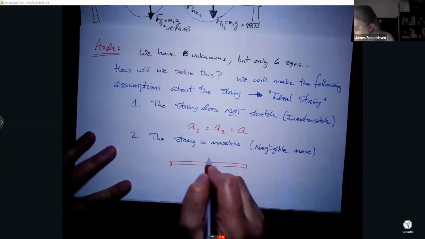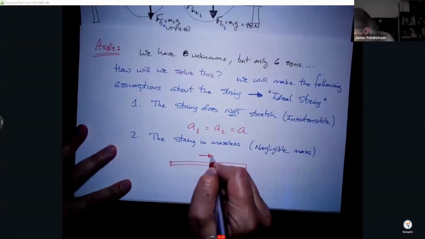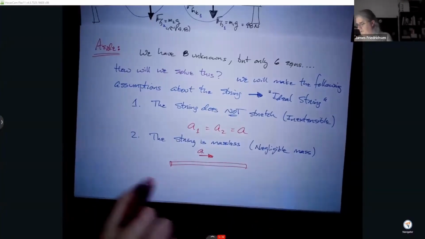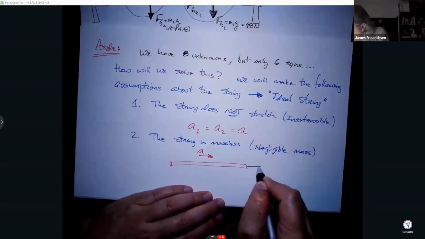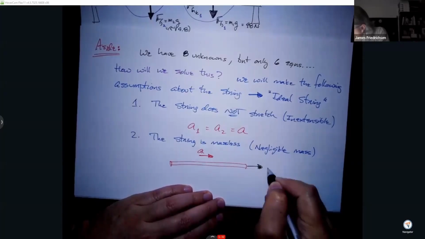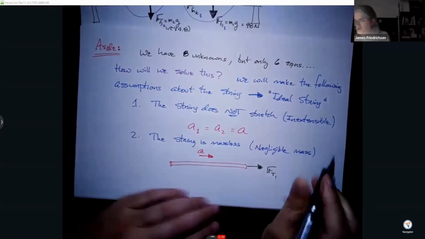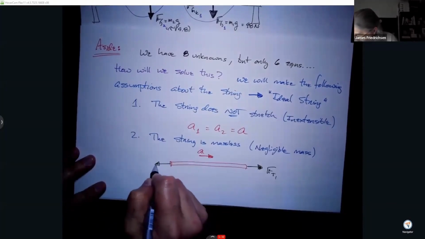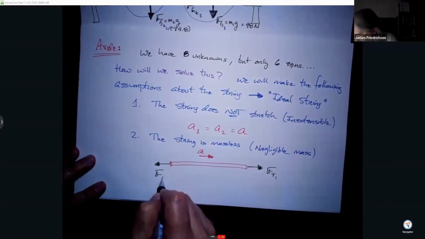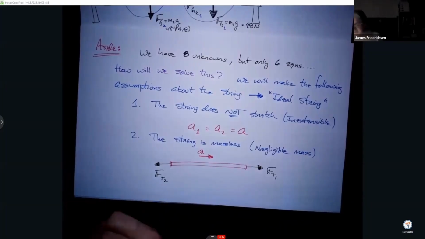And what we have is that the string's going to accelerate with the boxes. And if we look at the forces on the string, then this will be our force of tension 1 to the right, and this is our force of tension 2 to the left.